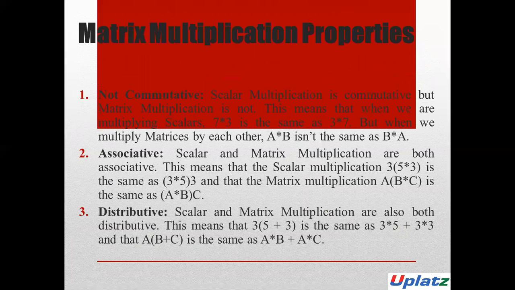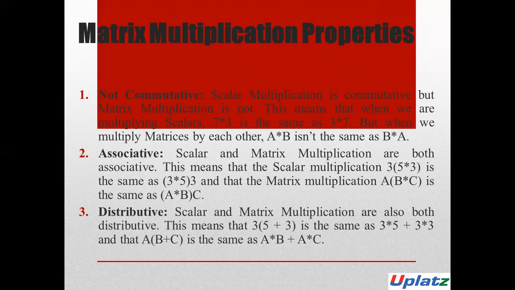The matrix multiplication has several properties that allow us to bundle a lot of computation into one matrix multiplication. So we will discuss them one by one. So the first property is not commutative. The matrix multiplication is not commutative. The scalar multiplication is commutative, but matrix multiplication is not.